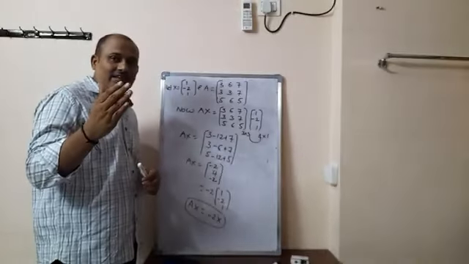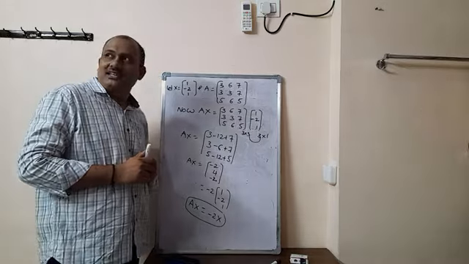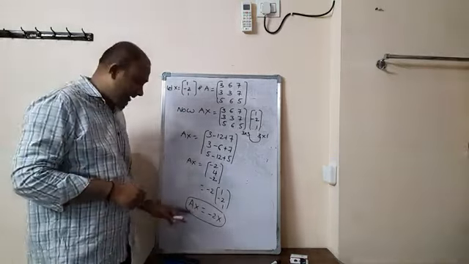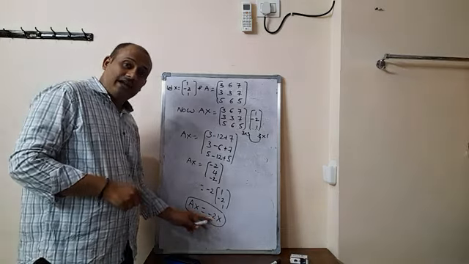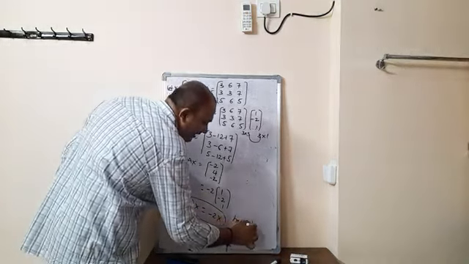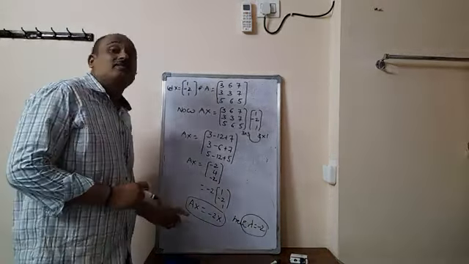Now, what is the eigenvector definition? There exists a scalar lambda such that Ax equals to lambda x. Here Ax equals to lambda x. In the place of lambda, what is the lambda value? Minus 2. First of all, it satisfies the condition.